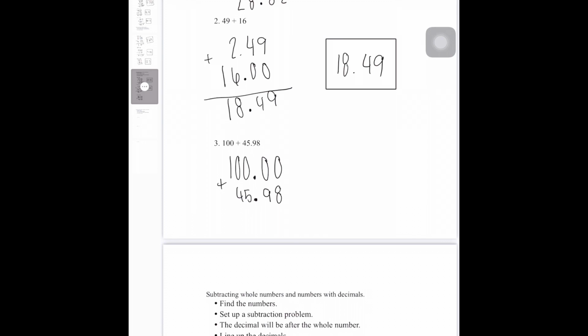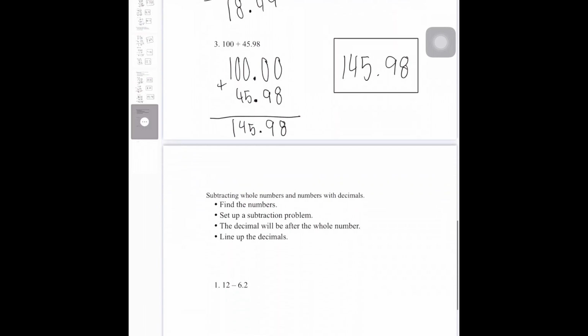Make sure you're lining up that decimal. 8 plus 0, 8. 9 plus 0, 9. Bring down the decimal. 0 plus 5, 5. 0 plus 4, 4. Bring down that 1. You have 145 and 98 hundredths.